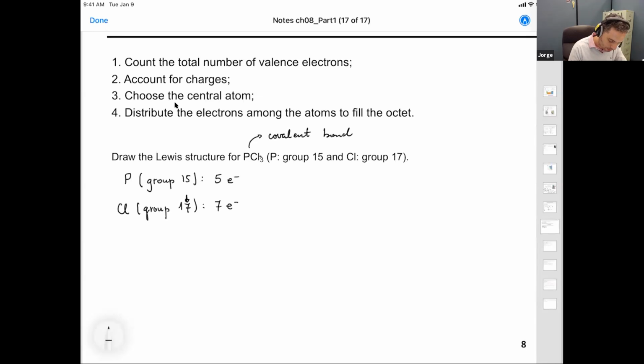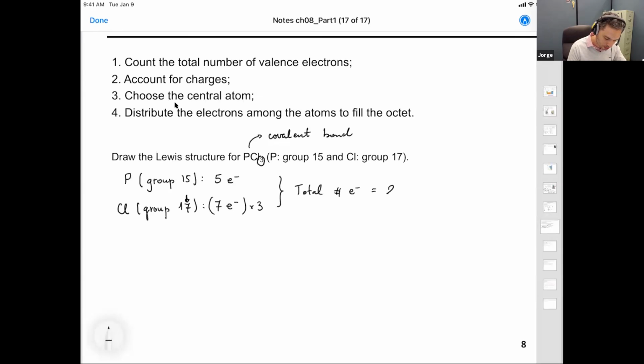However, we have 3 chlorines in the structure, which means that we have to multiply the number of electrons in the valence shell for chlorine by 3, which brings us to a total number of electrons equals to 21 plus 5.